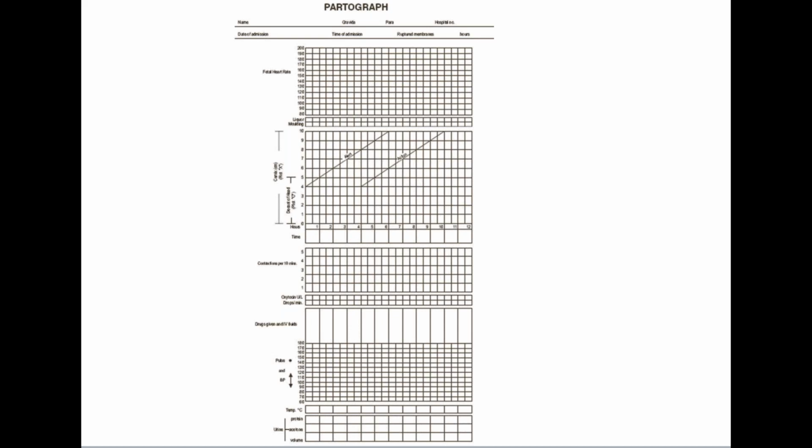We expect that she will dilate 1 centimeter every 1 hour. If it crosses the alert line, we need to keep an eye on the patient, but if it crosses the action line, we need to take action.